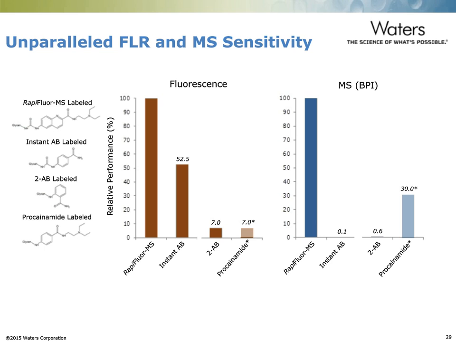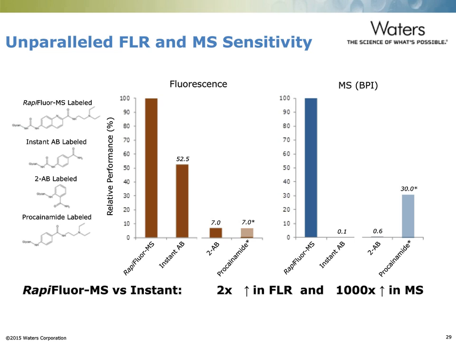If we pick a couple of these to do a comparison, we compare RapiFluor-MS versus InstantAB, which is another fast labeling reagent. With RapiFluor, we see about a 2x increase in fluorescence signal, but a 1,000-fold increase in MS response in comparison between the labels.